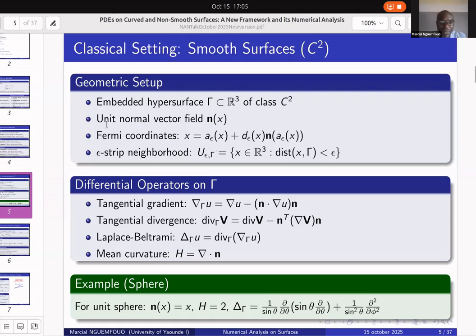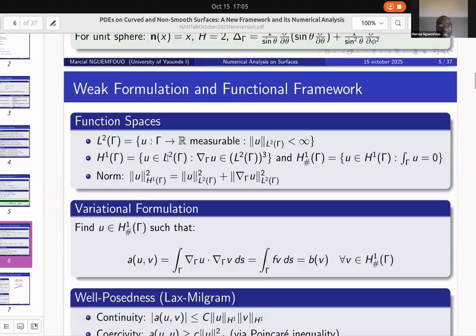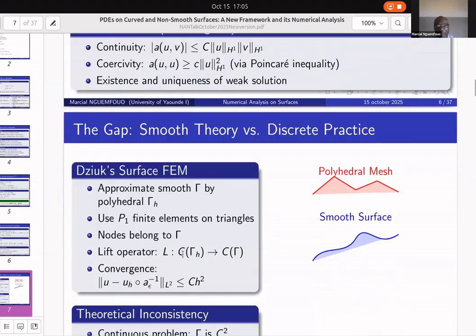Then the theory is based on this Fermi coordinate for a surface. And they define the Laplace operator to exchange triangles. When I'm on a discrete surface, the operator is defined, and we use this definition to prove the convergence theorem.